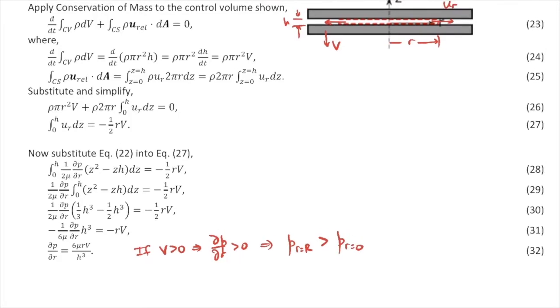Because dP/dr being positive means that the pressure is growing as we go in the radial direction. So the pressure here will be larger than the pressure here. Right? So the pressure is decreasing as we move inward.